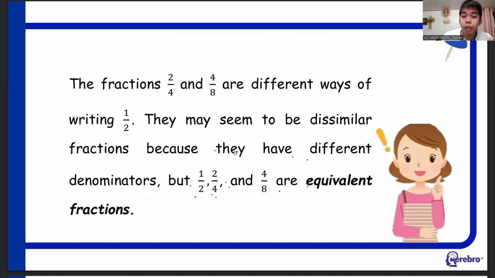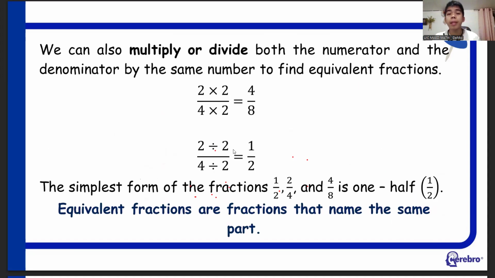The fractions 2/4 and 4/8 are different ways of writing 1/2. Bakit? They may seem dissimilar fractions because they have different denominators, but 1/2, 2/4, and 4/8 are equivalent fractions. Paano natin mahanap ang equivalent fractions? We can multiply or divide both the numerator and denominator by the same number to find equivalent fractions.